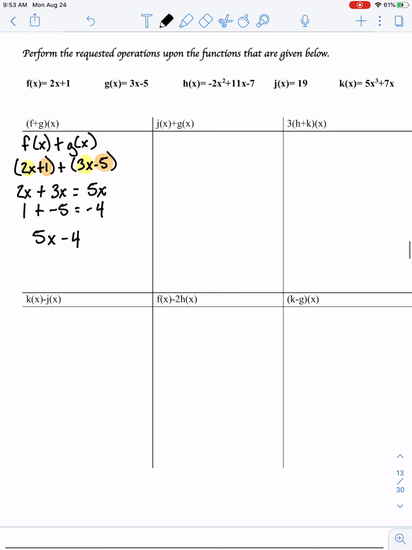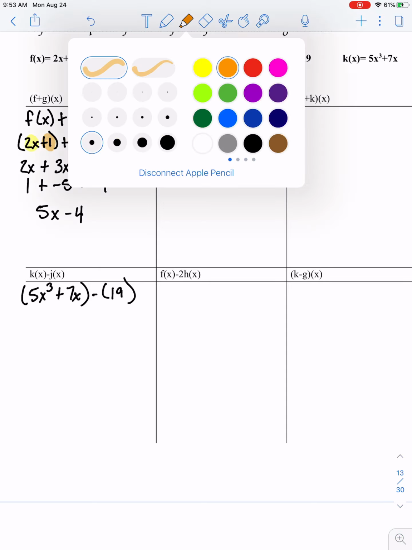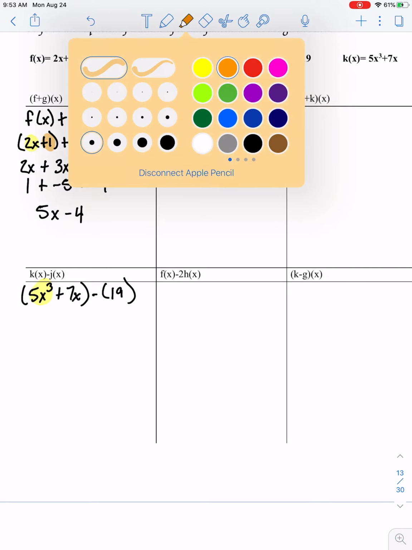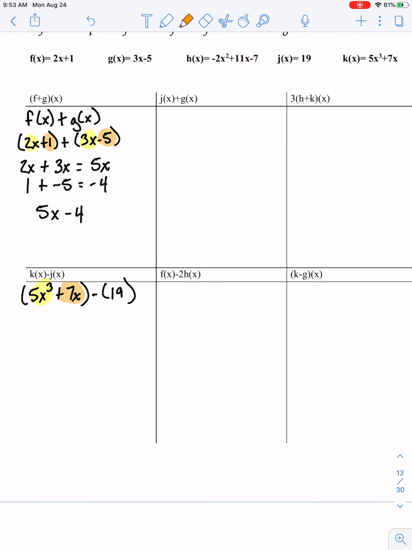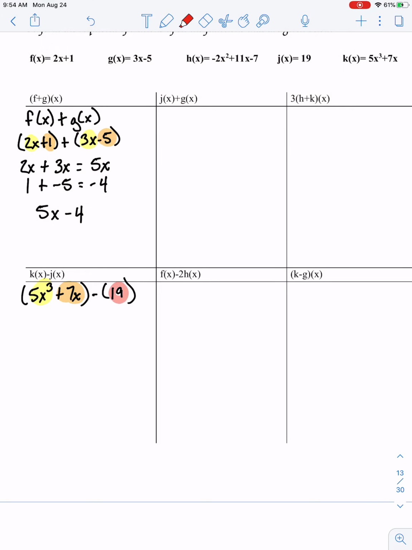I'll now do one that we subtract. So k of x is 5x cubed plus 7x. It's already in the right notation. 5x cubed plus 7x minus j of x, which is 19. Again, I have an x cubed term on the left, nothing on the right. Positive 7x on the left, nothing on the right with an x term, and on the right is just 19.